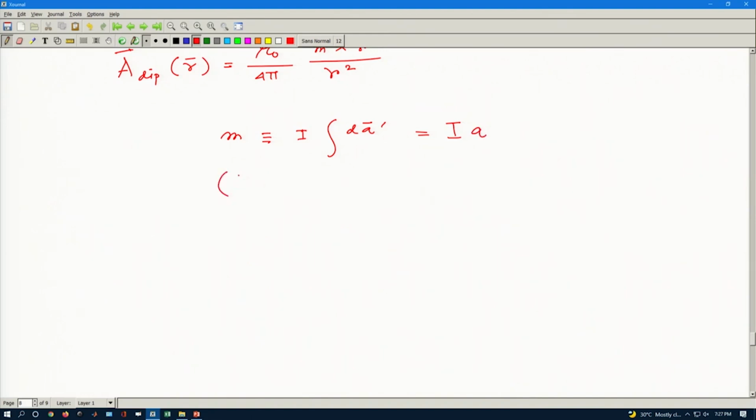So, this is called the magnetic dipole moment.